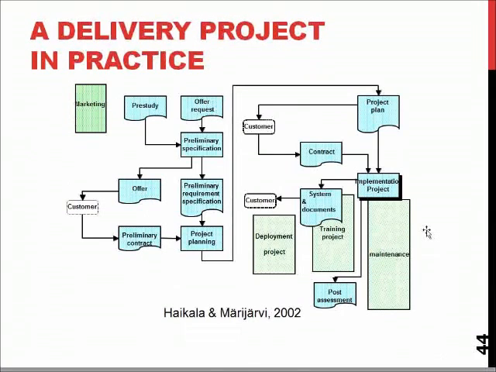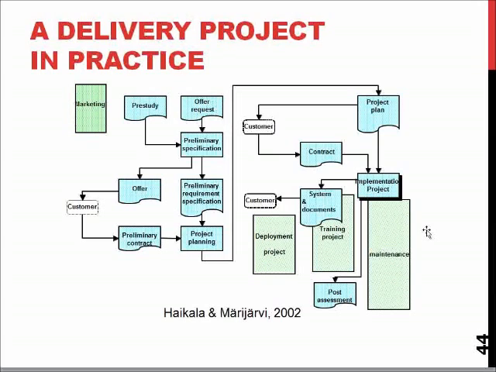Okay, so I'd like to close this lecture with one picture. This is a delivery project in practice, meaning that this is a collection of different things that have actually affected how one software project was done. And as you can see, it's not waterfall, it's not the iterative model, it's not the generic model of the last slide, it's something huge.